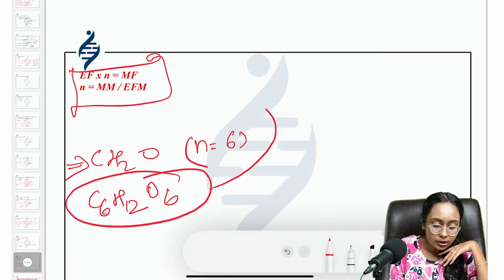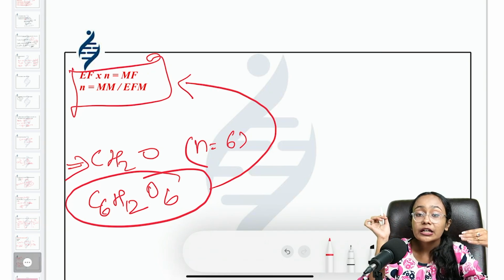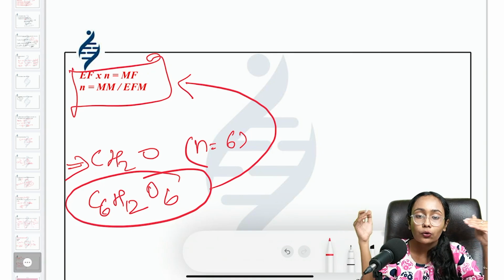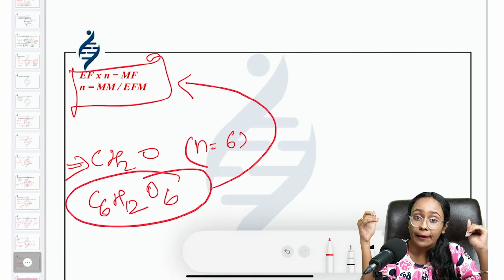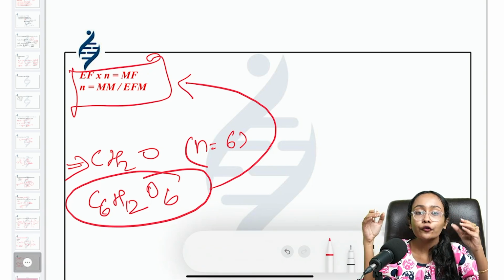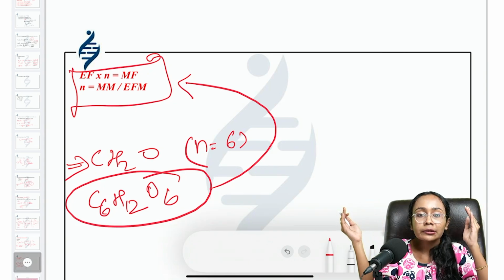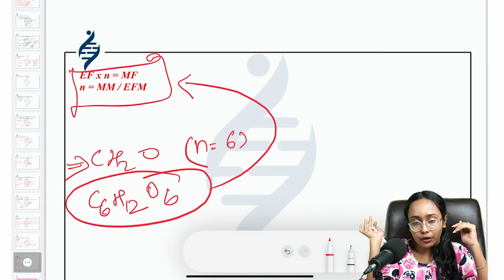I've got it from the equation EF into n equals MF. MF means molecular formula, EF means empirical formula. So if you know the EF and the n value, the whole number, just multiply them and you'll get the molecular formula.